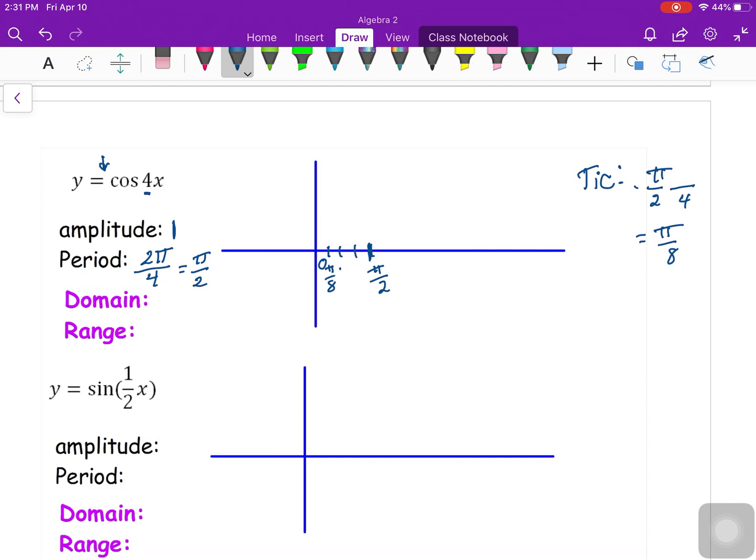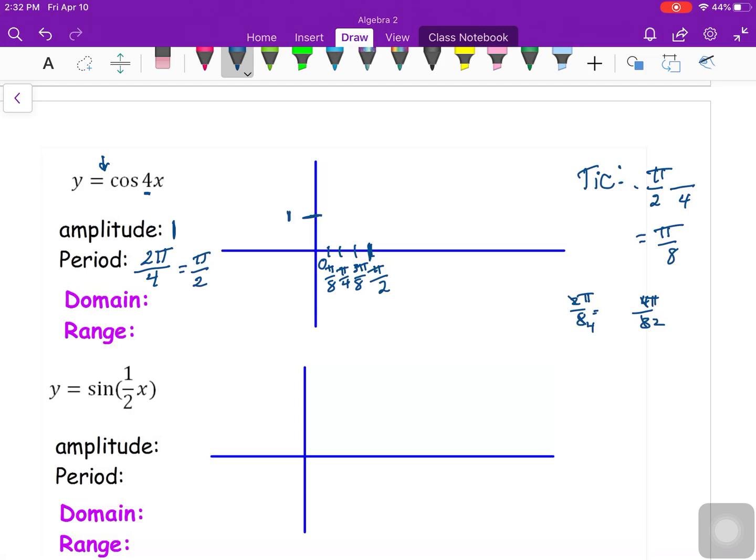Then I have 2 pi over 8. 2 pi over 8 is pi over 4. 3 pi over 8. 4 pi over 8. 4 pi over 8 is pi over 2. And it does work out.